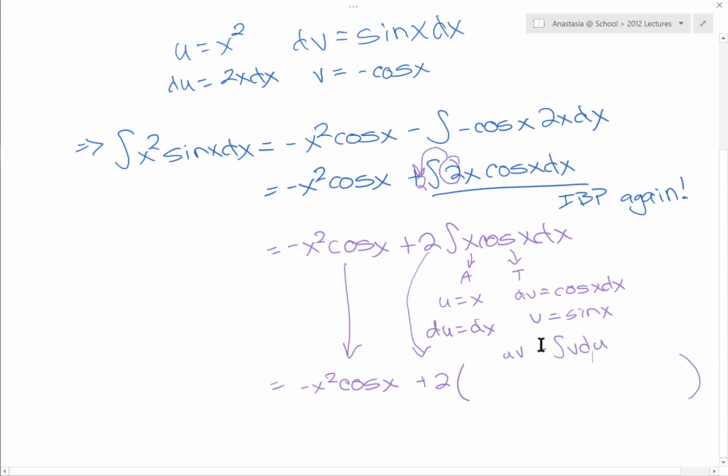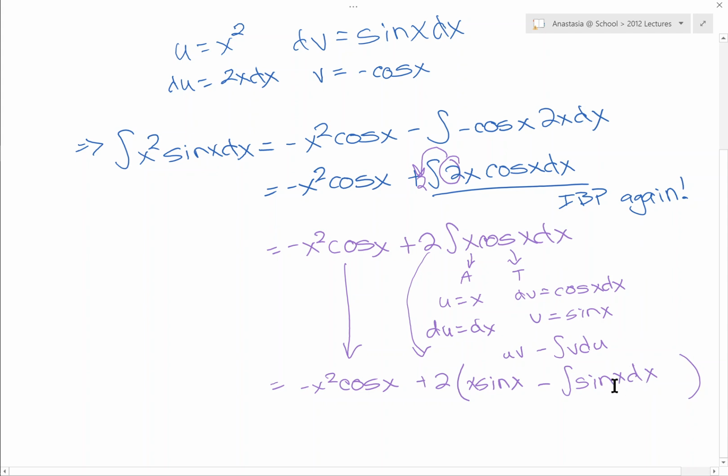So I'm going to have 2 things that I'm going to write in here to replace this one integral. Since this integral got multiplied by 2, that means that both of these terms now need to be multiplied by the 2. So I'm going to have a u and a v, that's x sine x, then minus the integral of v du, that's sine x dx.